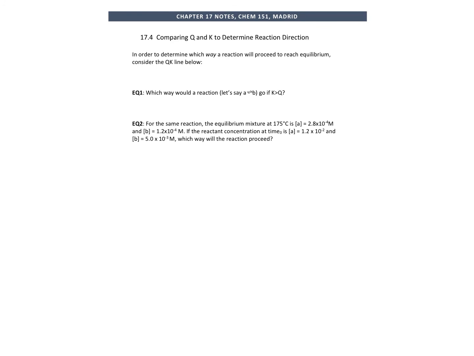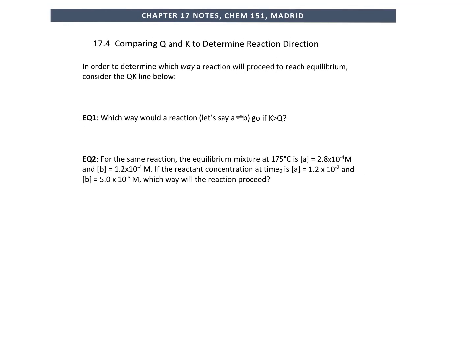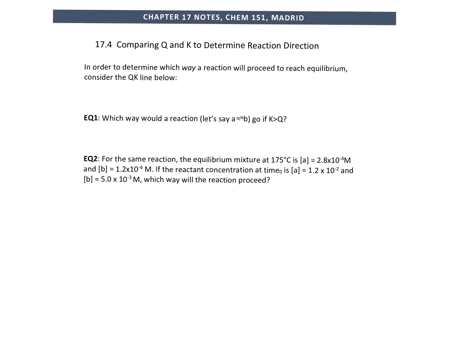All right, our last slide, 17.4, comparing Q and K, determine reaction direction. In order to determine which way a reaction will proceed to reach equilibrium, consider the QK line below. So we wrote this previously, but let's write it again. Q, K, big Q. All right.